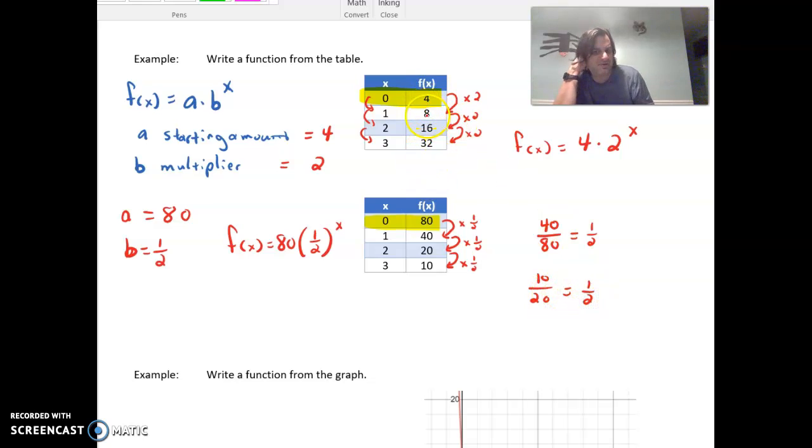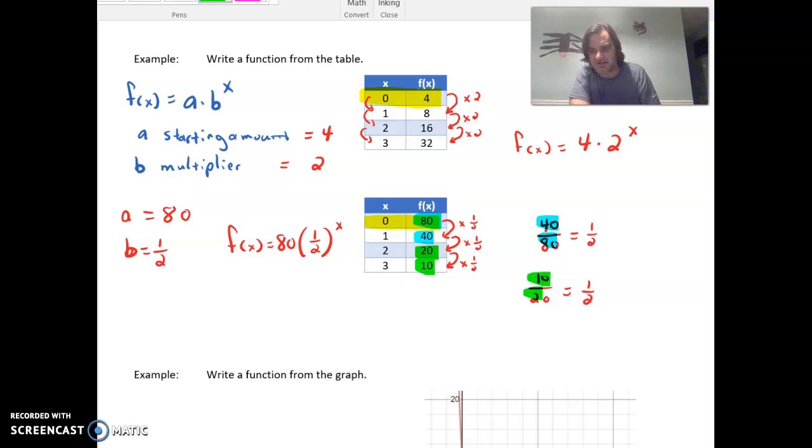And if you look back at the previous example, 8 divided by 4 would be 2, 32 divided by 16 would be 2. So we can find that rate by dividing two pieces here.